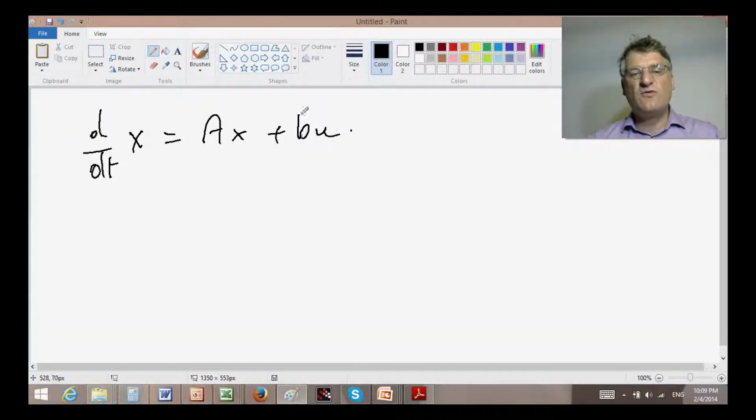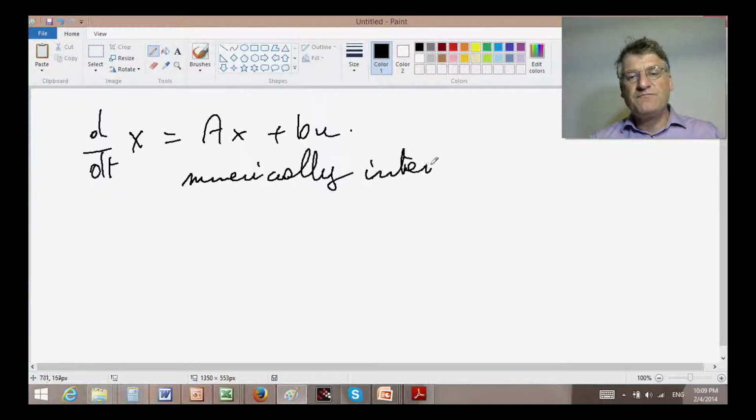It could be in lowercase, just to point out that u is a number, a scalar. Then I can use that to numerically integrate the corresponding differential equation.